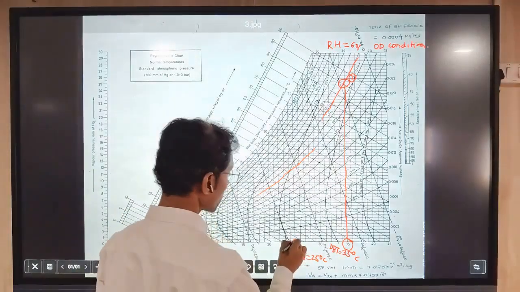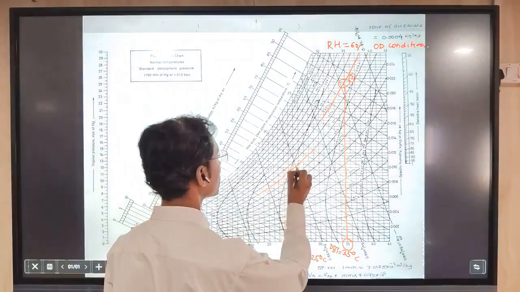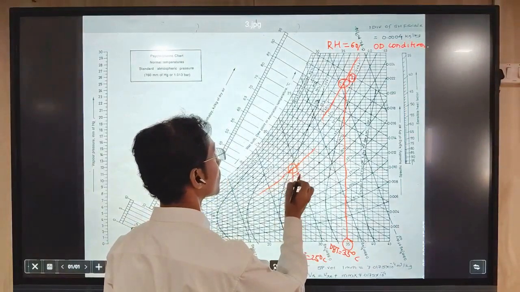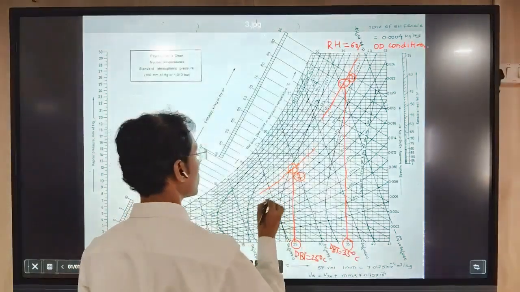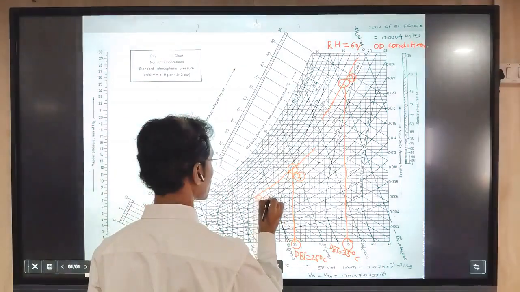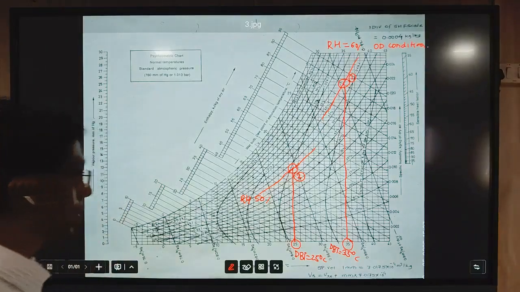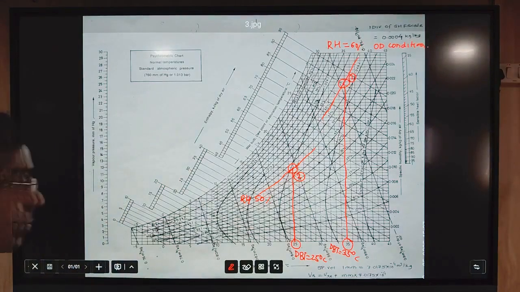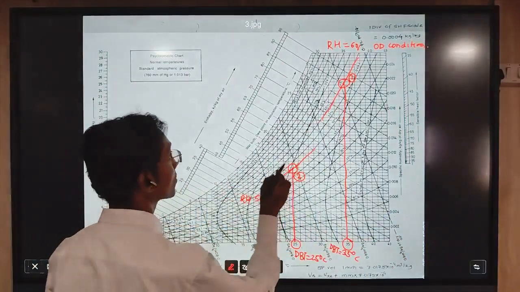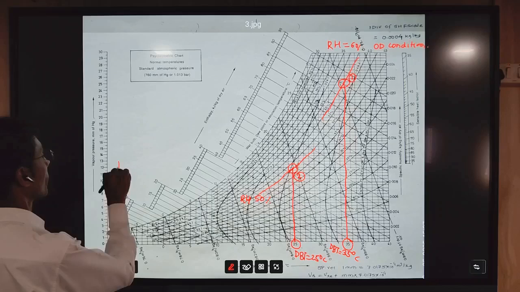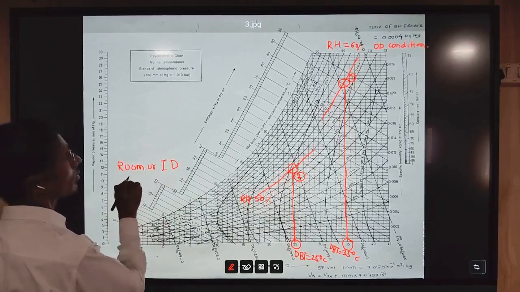At the intersection of these 2 lines you will find point number 2. In this way we have located points 1 and 2. This is the indoor condition, also called the room or ID condition.